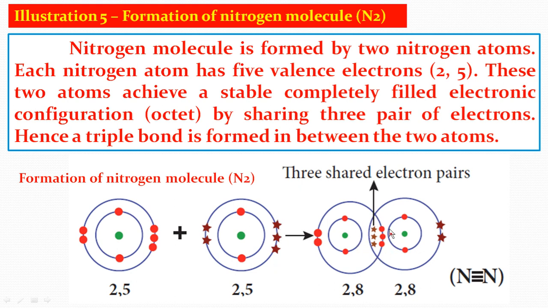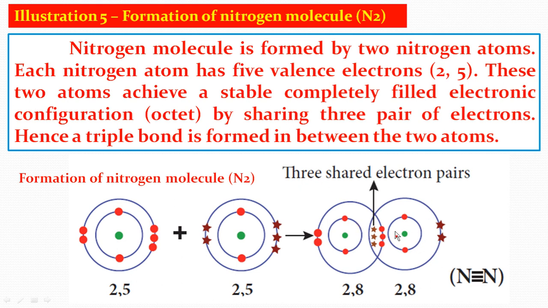So each nitrogen atom shares 3 electrons. Now count the valence shell: 1, 2, 3, 4, 5, 6, 7, 8. Now come to the next nitrogen: 1, 2, 3, 4, 5, 6, 7, 8. Both the nitrogen atoms have 8 electrons in the outermost shell, so they achieve the stable electronic configuration.